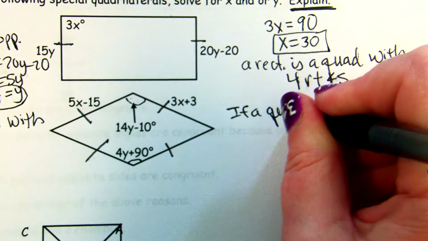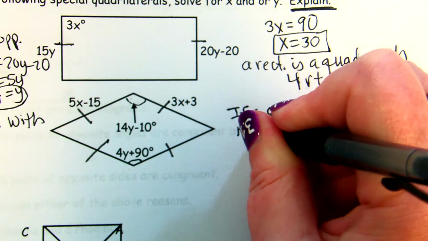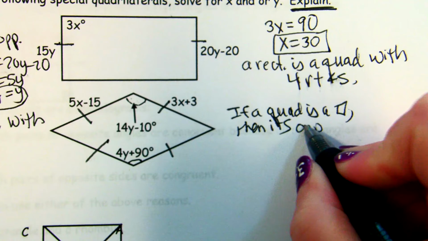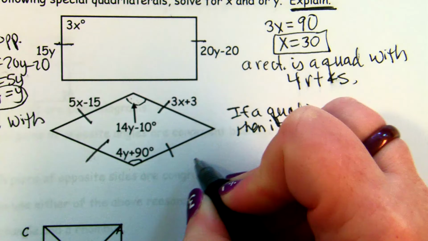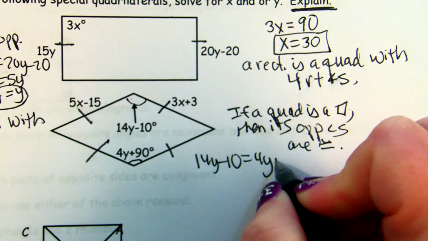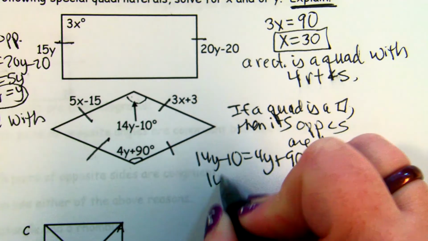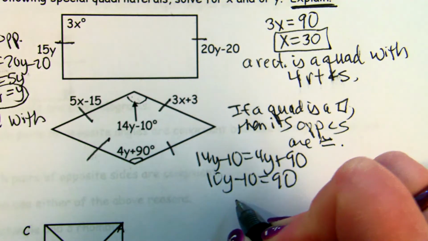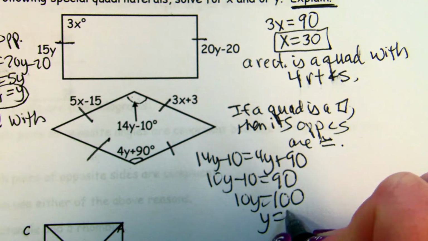If a quad is a parallelogram, then its opposite angles are congruent. So 14y minus 10 equals 4y plus 90. So subtract 4y, add 10, and y equals 10.